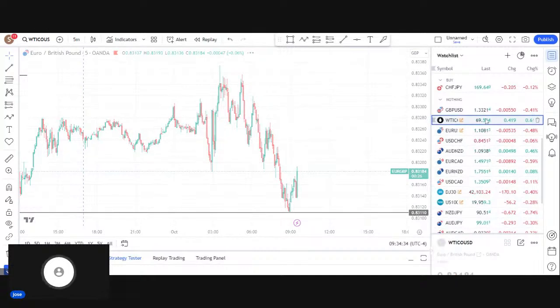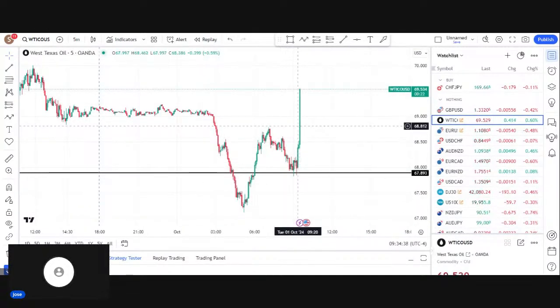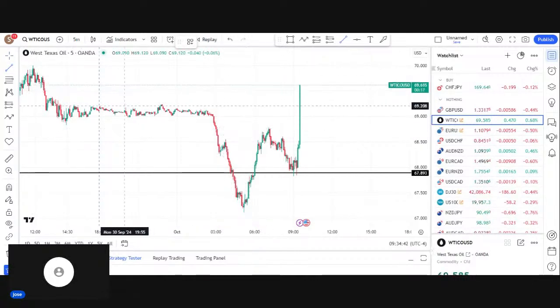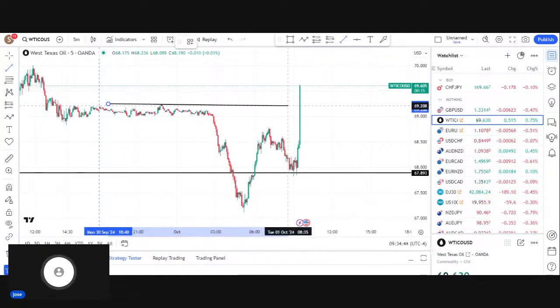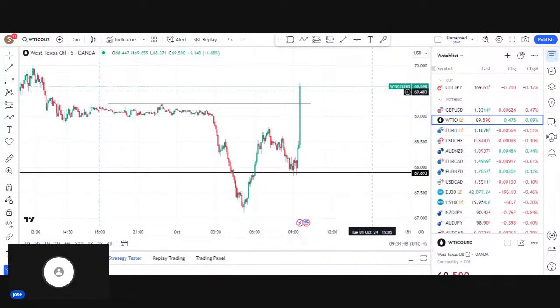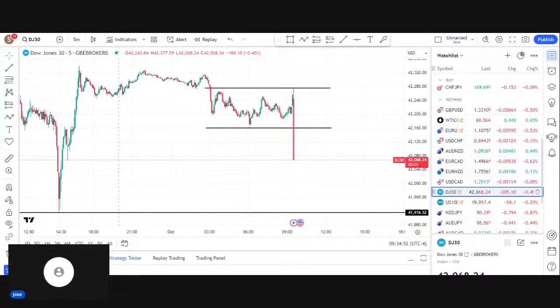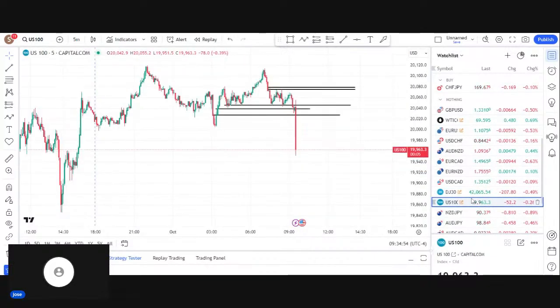How about oil? What is oil doing? Okay, so this one was 925. With oil, price has broken out, so you might see a continuation to the upside. Let's see how this one plays out. 4, 3, 2, 1.